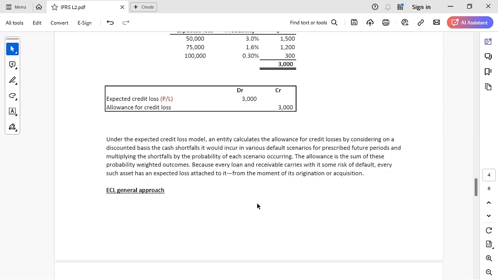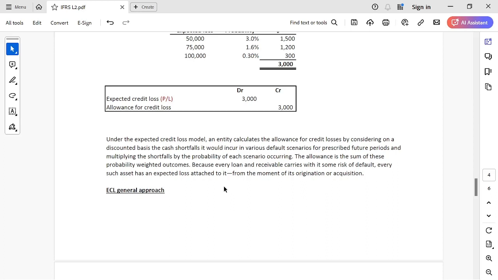Again, as we said, because every loan has some risk associated with it, then we need to recognize this. And this, by the way, one of the consequences of this is increasing the volatility related to the income statement. So we will have this loss of 3,000 this year.